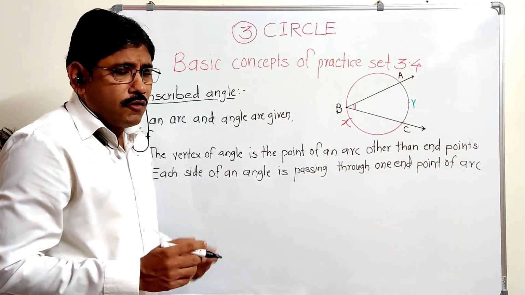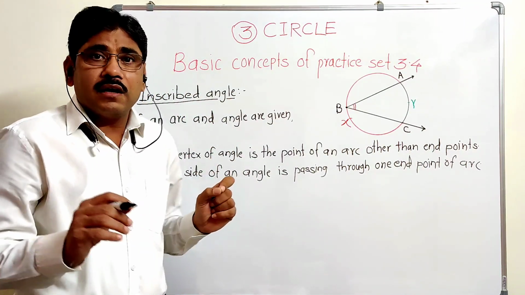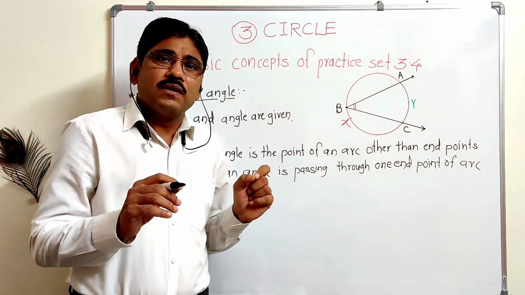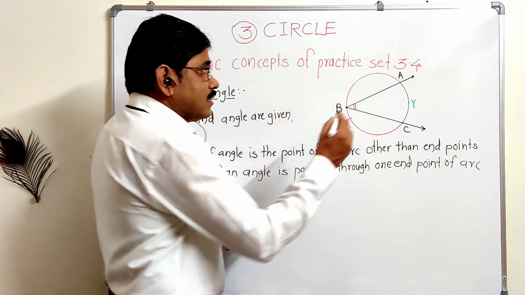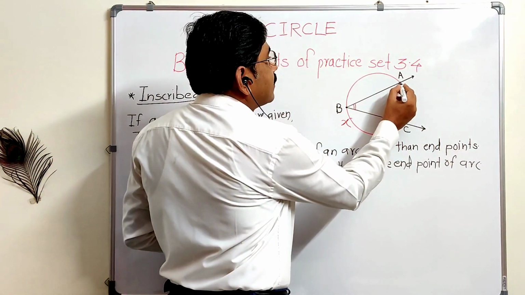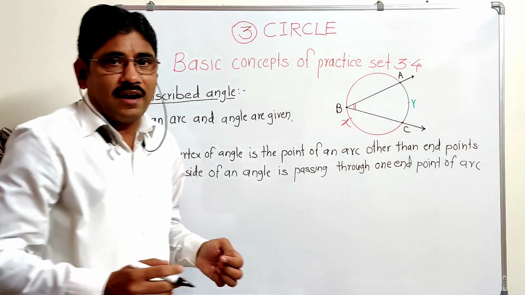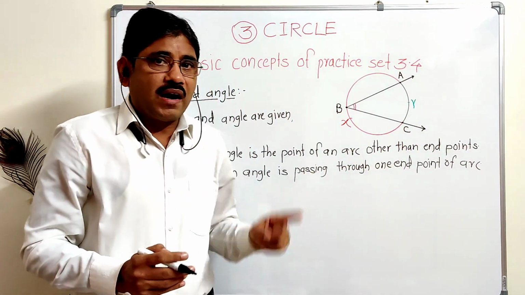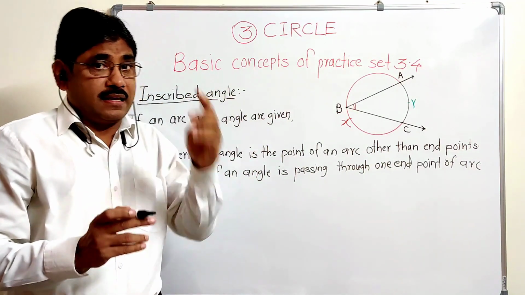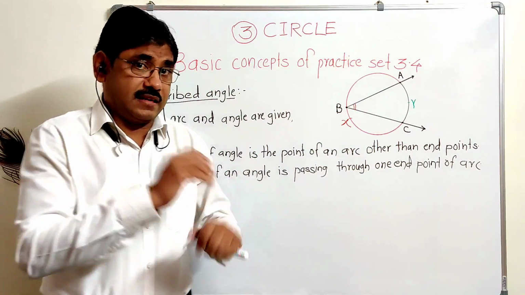And second thing, which are the end points of arc AXC? Point A and point C. These are the end points of arc AXC. Now, see the magic.